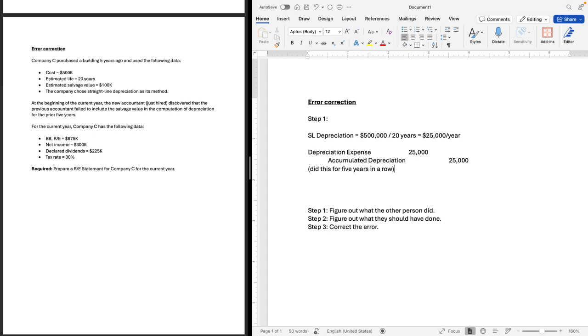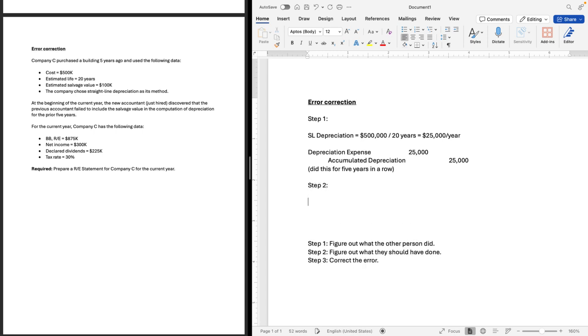So what should they have done? So step two. What they should have done is this calculation. I'm just going to copy it and move it down here. They should have done 500,000 minus 100,000.